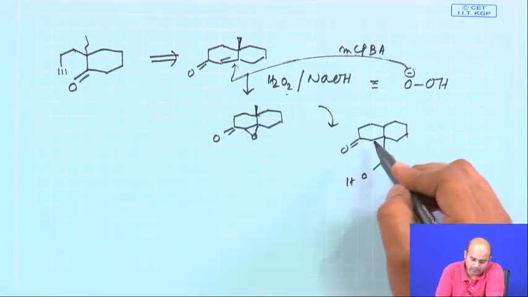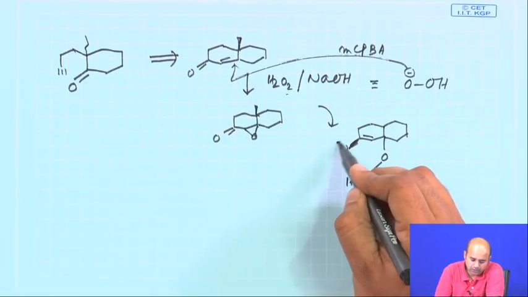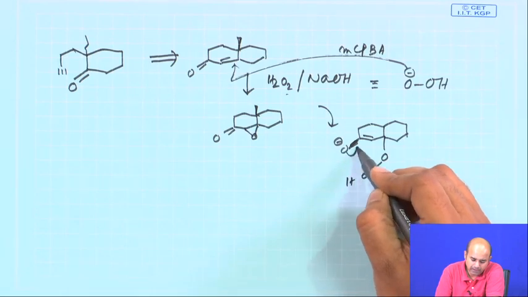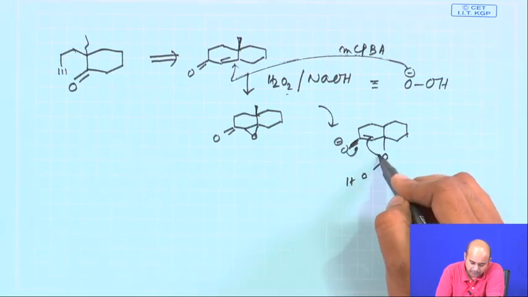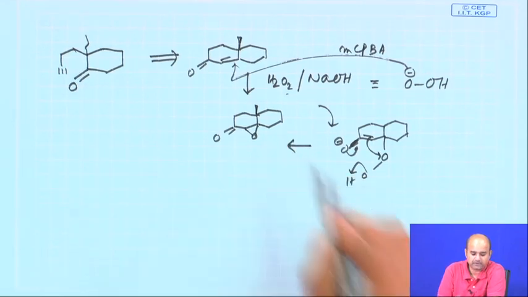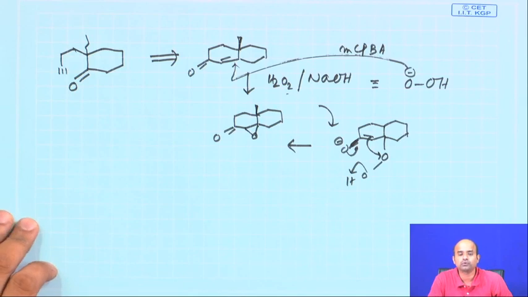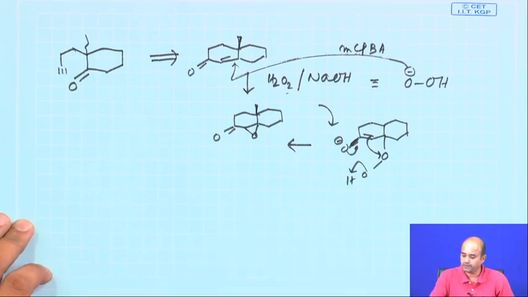Basically it will come here, then it comes here, and basically you get an O minus. So, O minus backfires, then this thing comes and attacks here, and you get the corresponding epoxide. Now, we need the epoxide because we have to do an intramolecular Eschenmoser fragmentation.